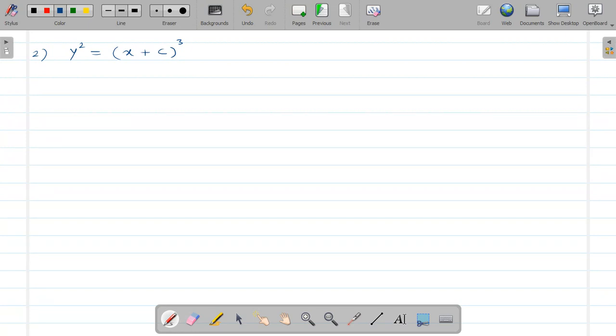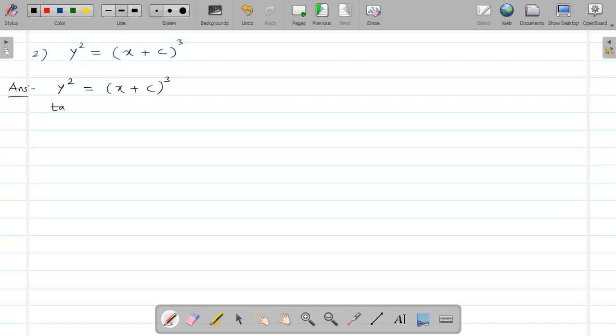See here, I will show in the answer, because we require to differentiate only once. It is given that y square is equal to x plus c bracket cube. If you keep this function as it is, then it is impossible to remove this constant. So what will you do here?